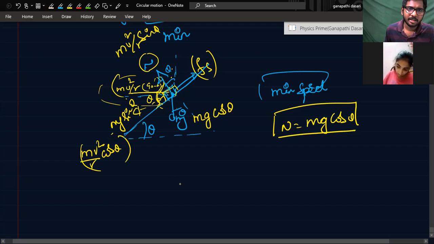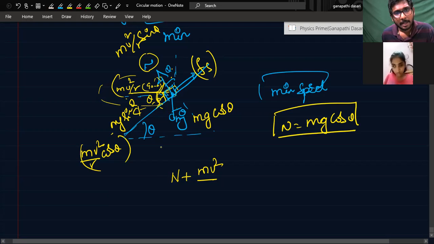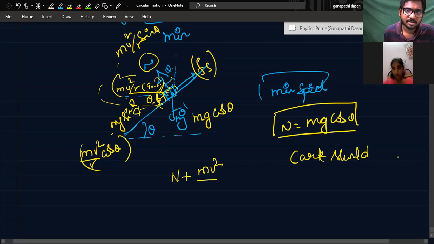So here if you find out n plus mv square by r... carefully see here. If you are sitting on the plane, just sitting on that car and observing, the car should be at rest, right? For a non-inertial frame of reference, just to make my solution easier.